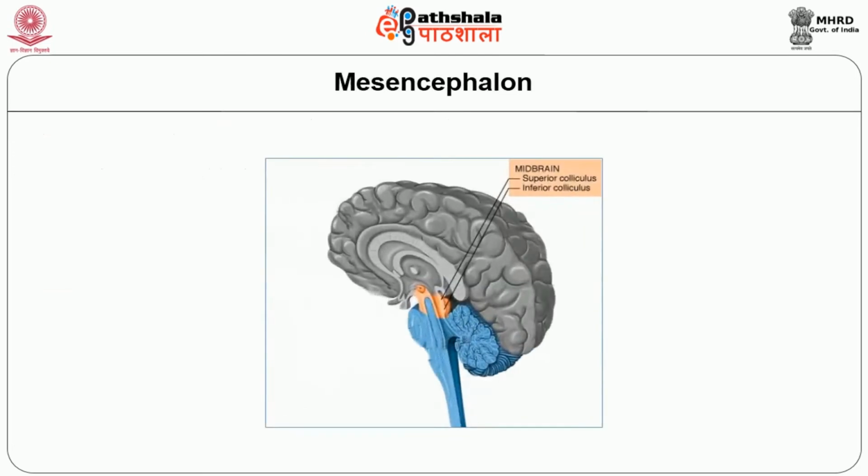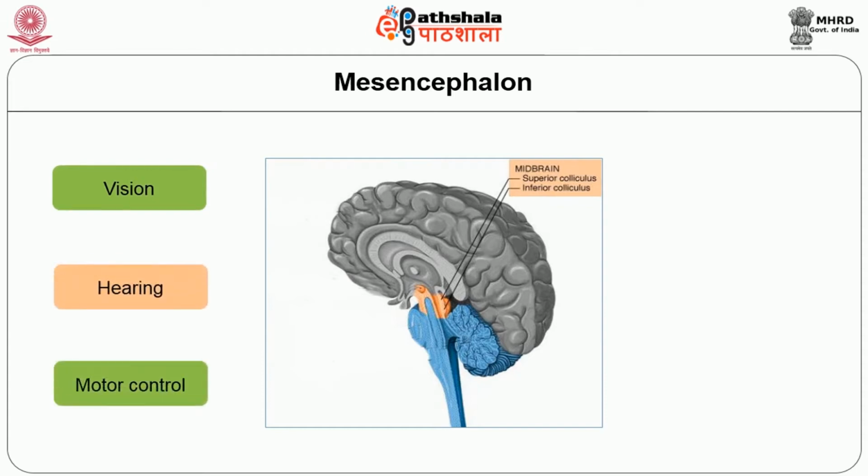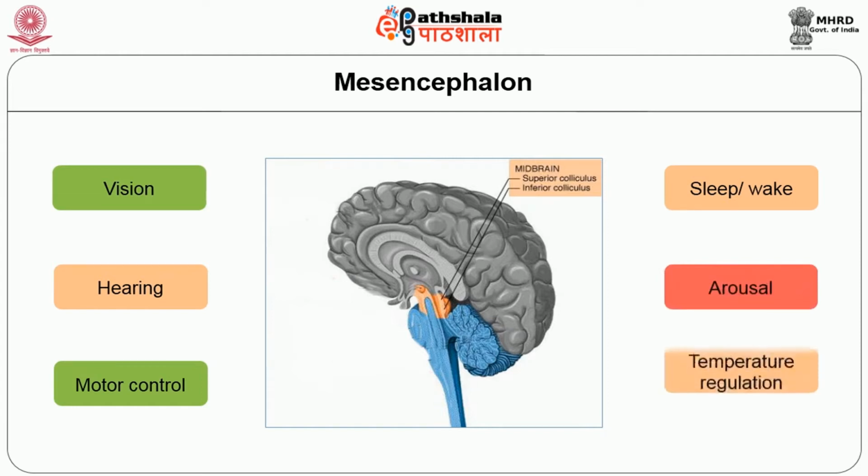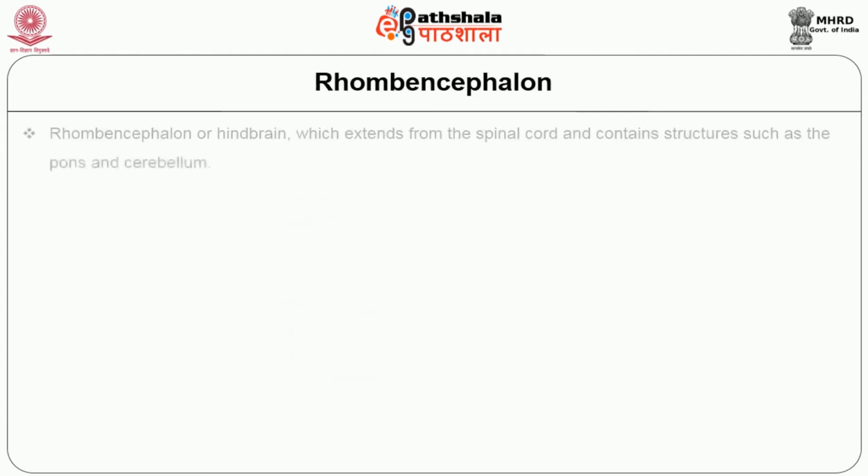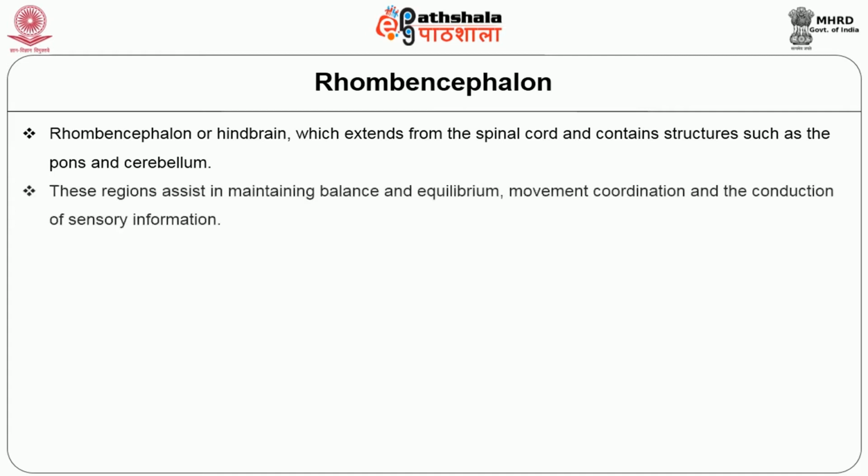Mesencephalon is also known as midbrain. It is associated with vision, hearing, motor control, sleep or wake, arousal, and temperature regulation. The third one, rhombencephalon or hindbrain, extends from the spinal cord and contains structures such as the pons and cerebellum. These regions assist in maintaining balance and equilibrium, movement coordination, and the conduction of sensory information.